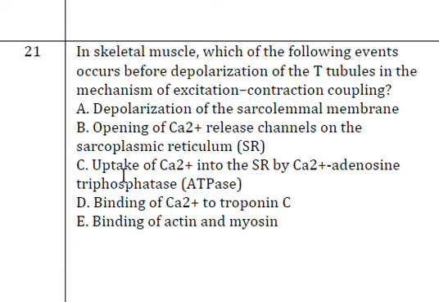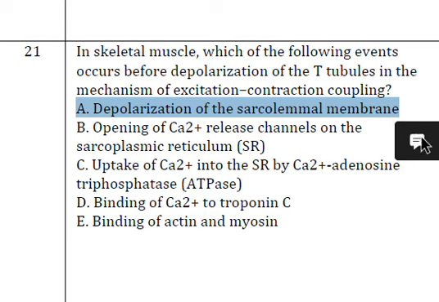C. Uptake of Ca2+ into the SR by Ca2+ adenosine triphosphatase. D. Binding of Ca2+ to troponin. E. Binding of actin and myosin. And the answer is A. Depolarization of the sarcolemmal membrane.